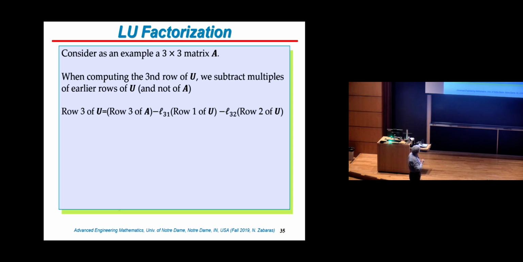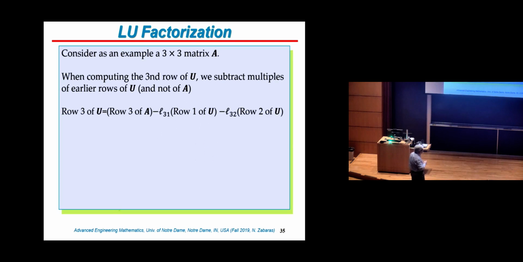So it says row 3 of U. Remember how we're going to get row 3, right? So row 3 of U is my original matrix A, and then I'm going to do some linear operations between rows. To get rid of the element A31, what did I do?